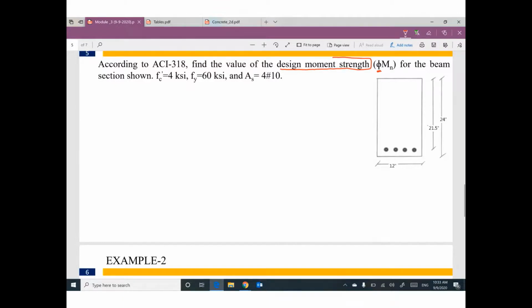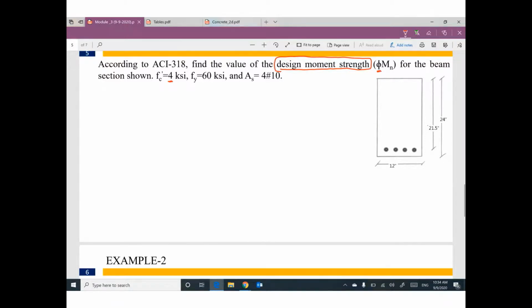Design means you have to multiply your nominal moment, capital Mn, times phi. For the beam cross section, f'c equals 4 ksi, fy equals 60 ksi, and the area of steel is given for number 10 bars.